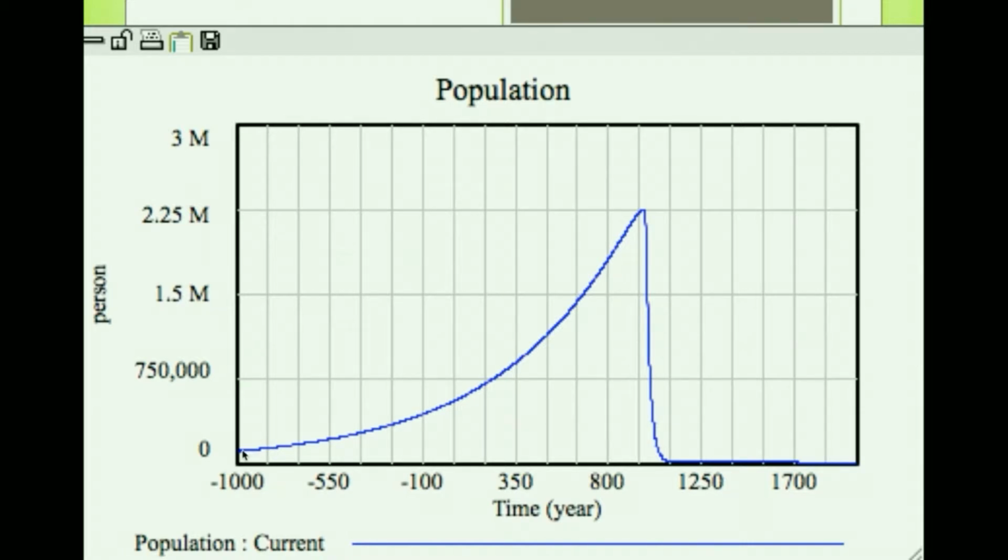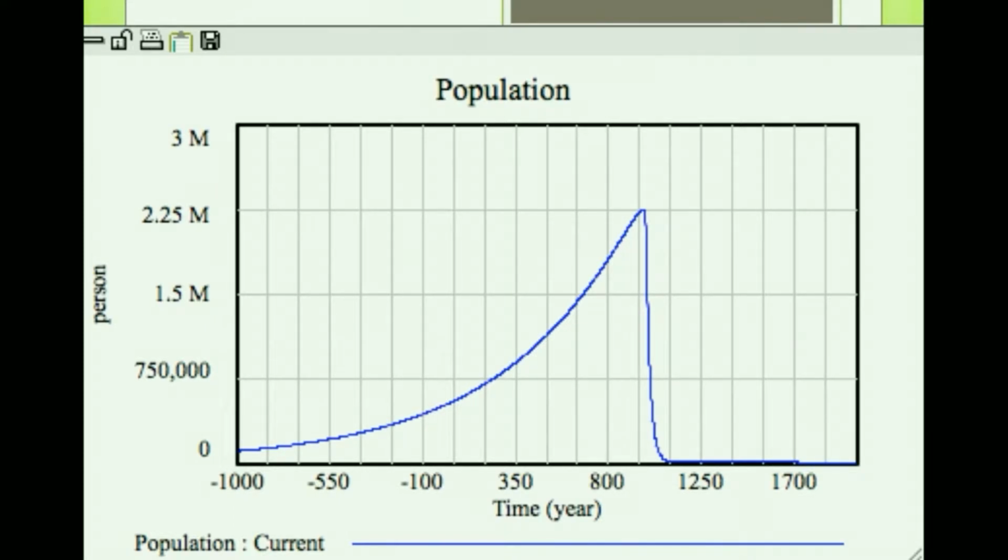About 1,000 years BC, the population started growing very rapidly, and you can see this typical exponential growth that we've discussed. Then it reaches a point where all of a sudden it collapsed very quickly, and then it never really recovered. So that's essentially the outcome of that model.